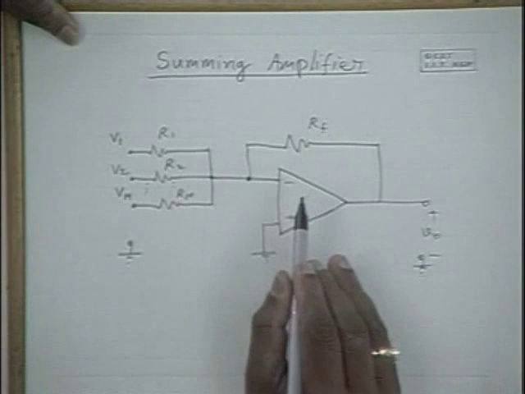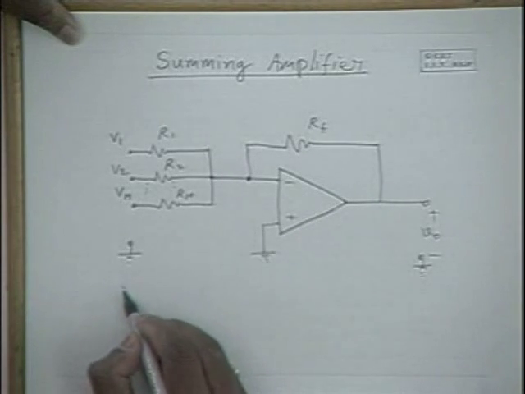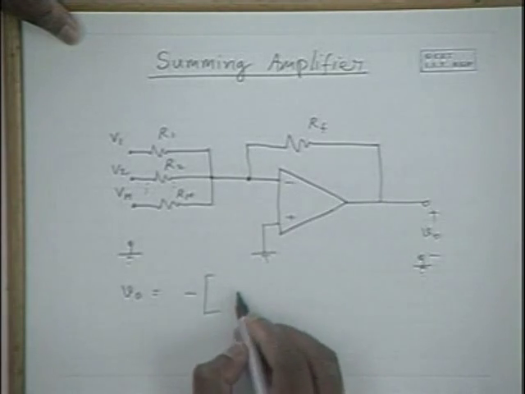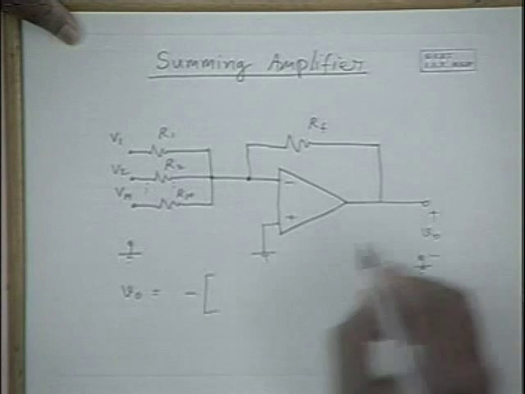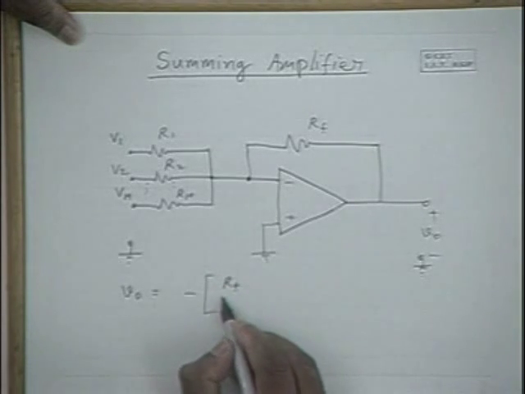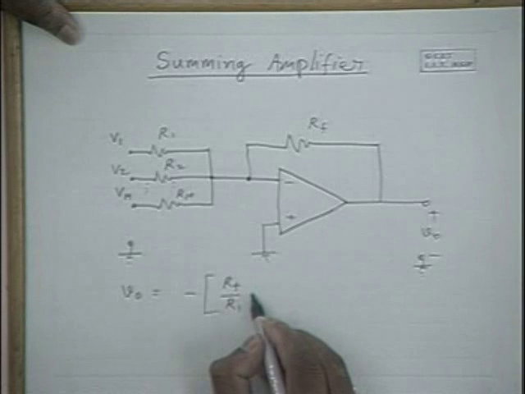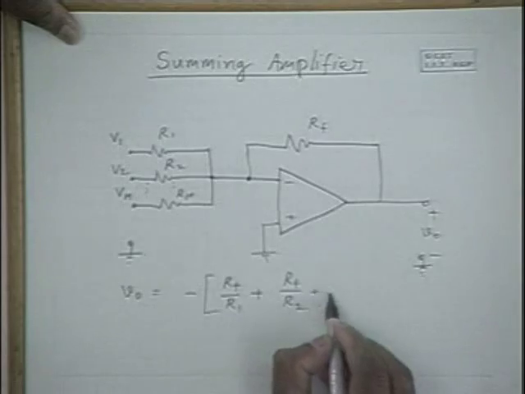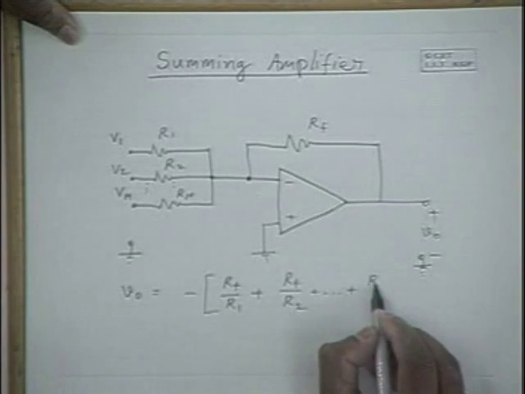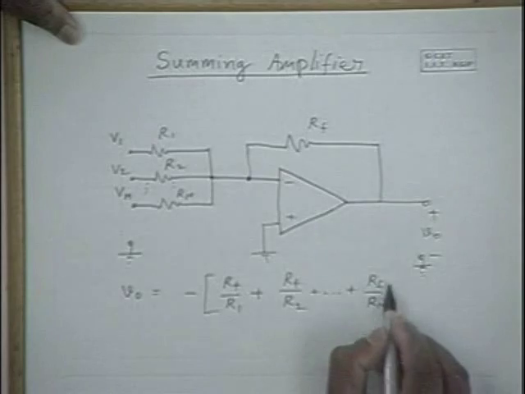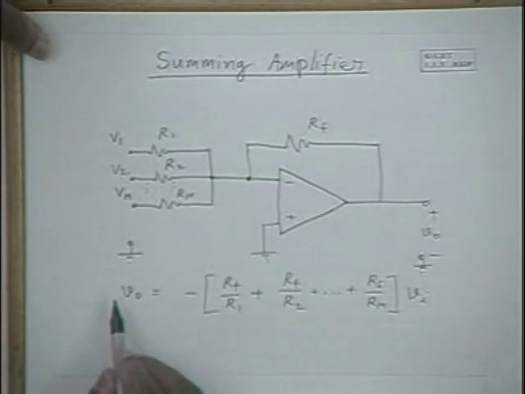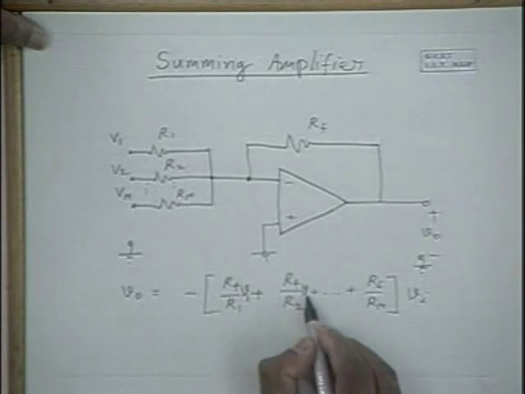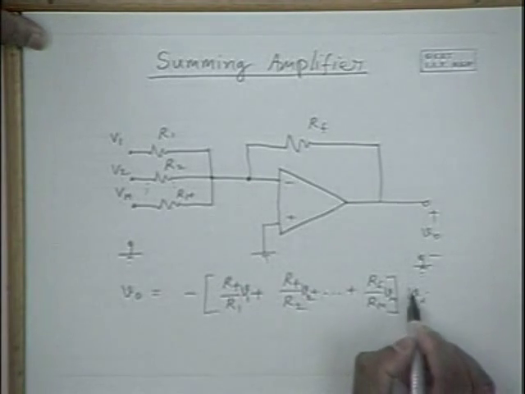And this is a summing amplifier, and the output V0 is equal to minus (Rf by R1 plus Rf by R2 etc. Rf by Rm) into the respective inputs, that is V1, V2, etc. Vm.